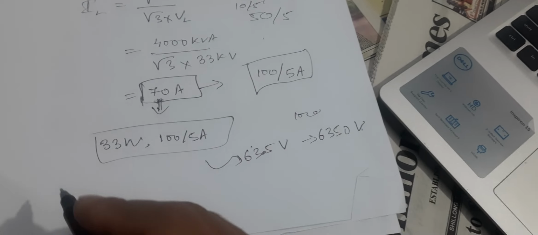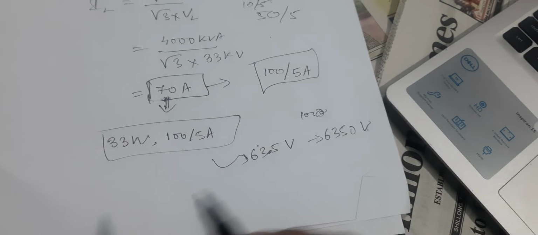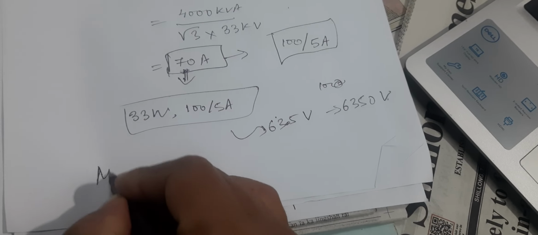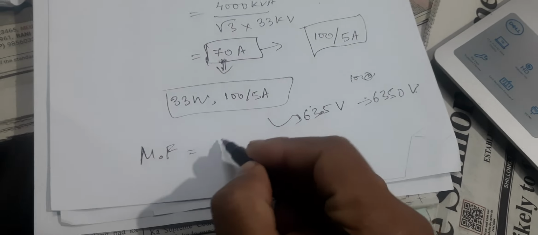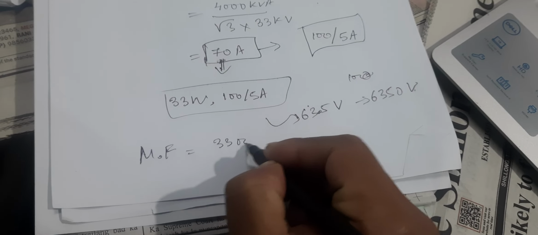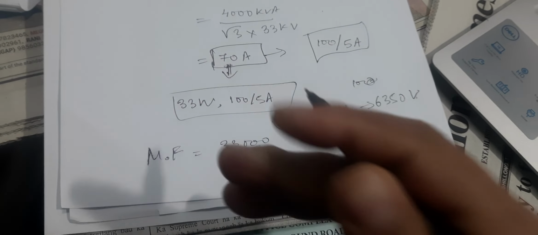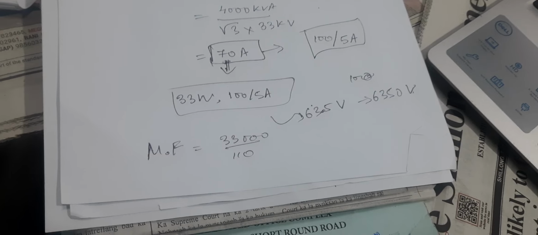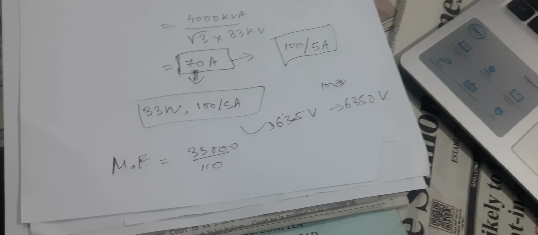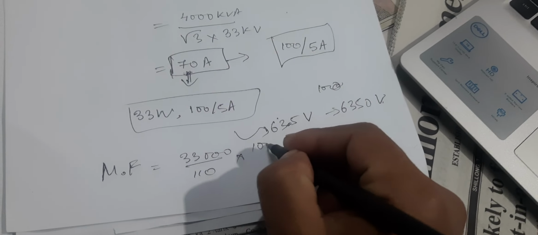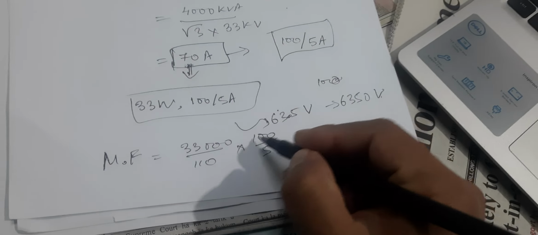Now suppose the meter ratio is 100. Then the overall multiplication factor, MF, is 33 by 110, because all meters have a 110 volt voltage rating, into 100 by 5, which is our CT ratio, divided by the meter ratio, which is 100.